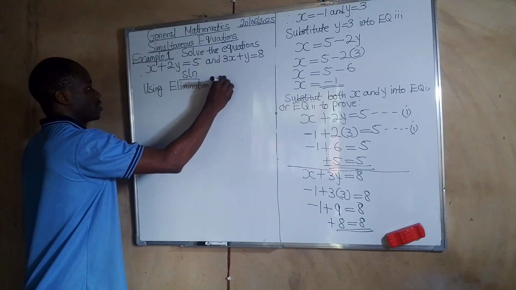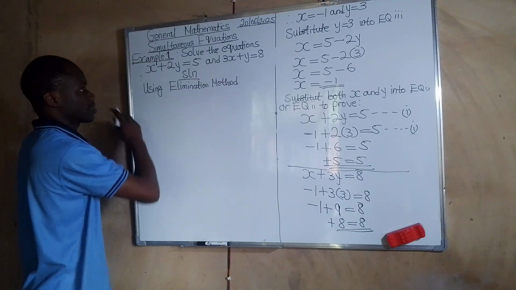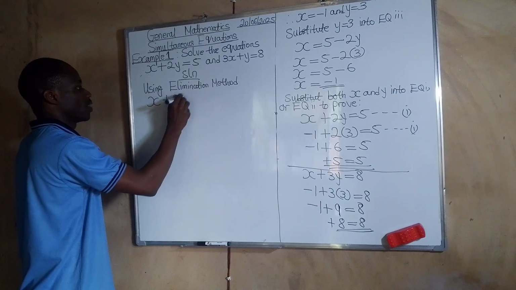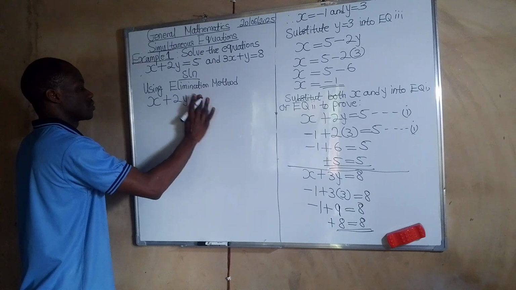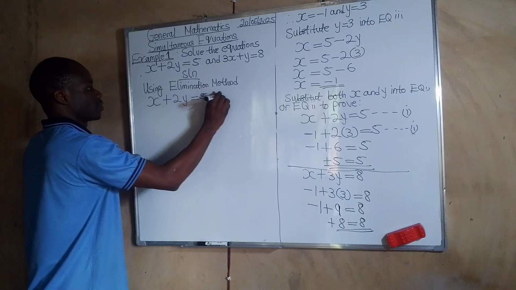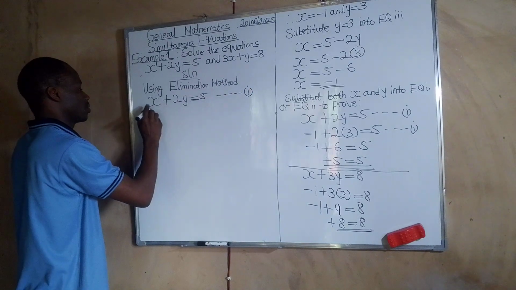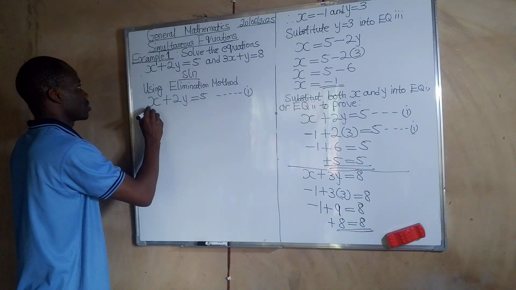Now when you're making use of elimination method, just identify your equations. Usually x plus 2y is equal to 5, equation 1. You can write equation 1, or you just write it dash 1.